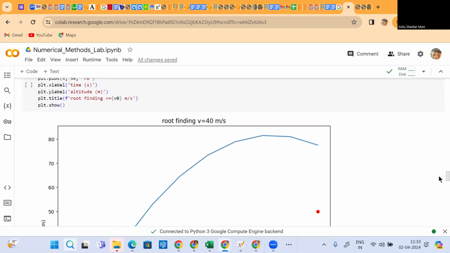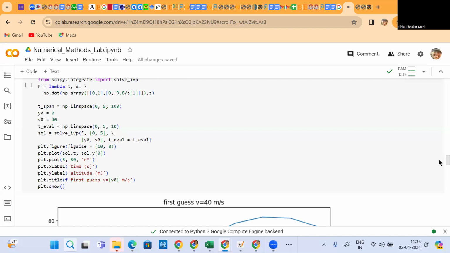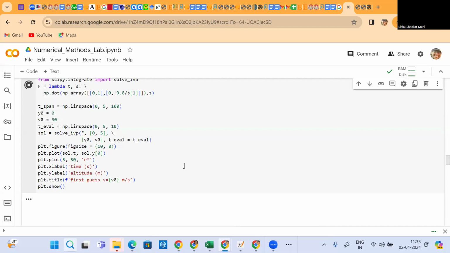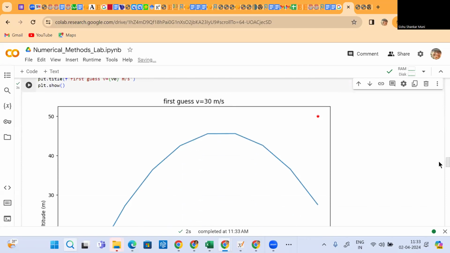Okay. So instead of v naught equals 40, we can now change it just to see the effect, right? Any suggestions? 30. 30, it is going downhill.